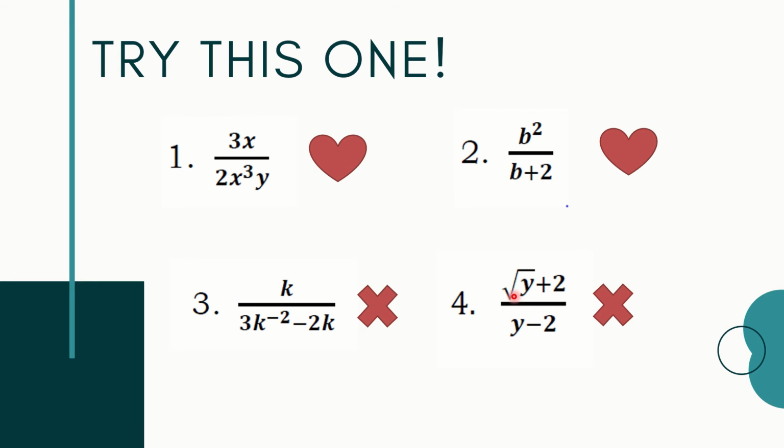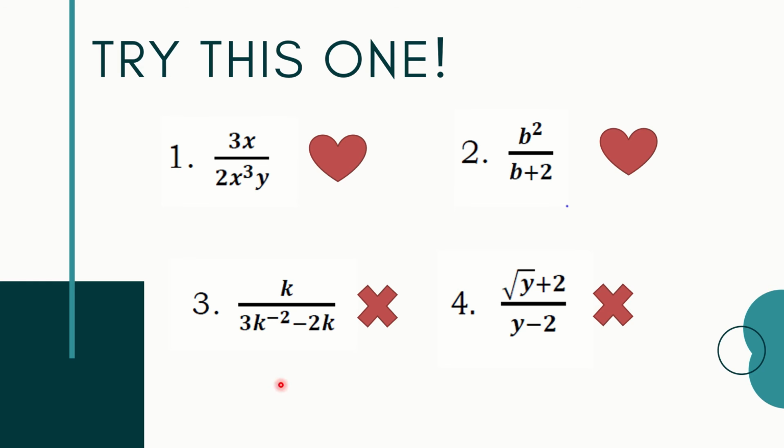But in this example, as you can see, the numerator is having square root of y, which is not an example of rational numbers. So remember that rational algebraic expression is a rational number in algebraic expression, and of course its numerator and denominator are composed of polynomials.